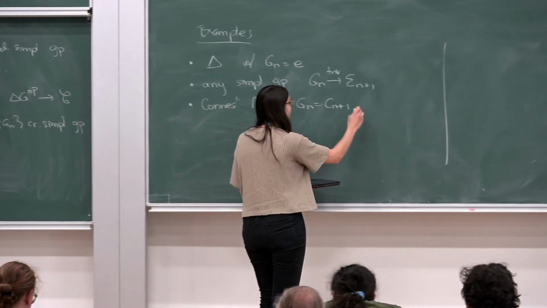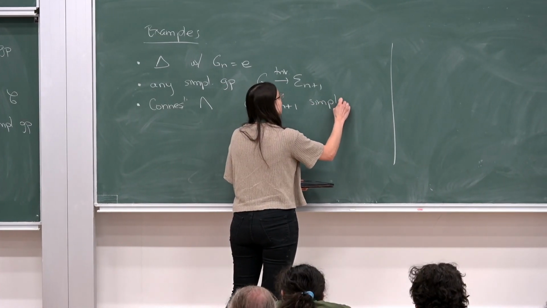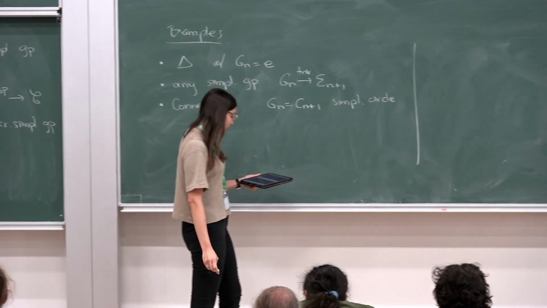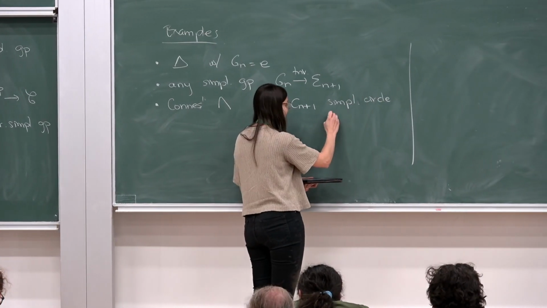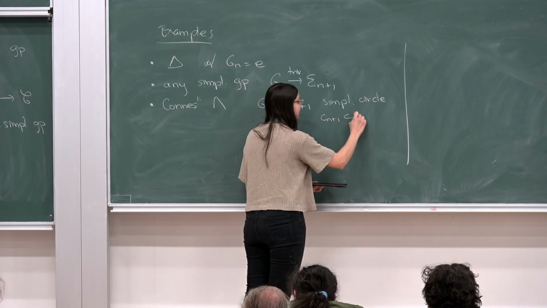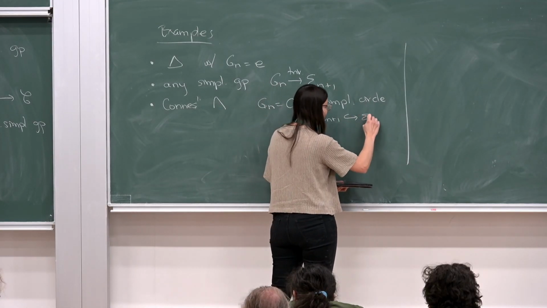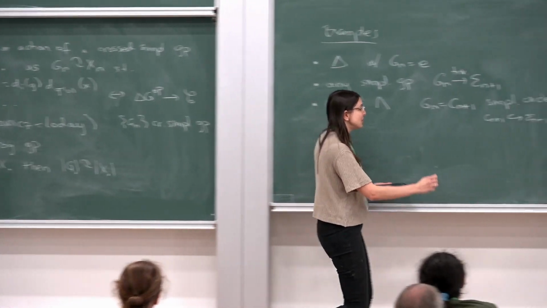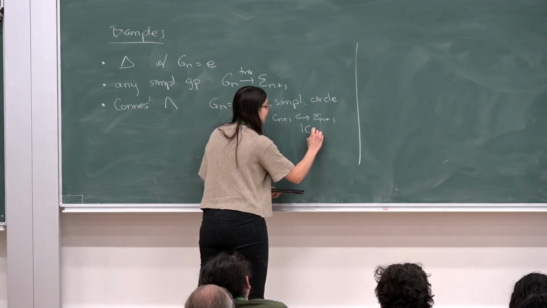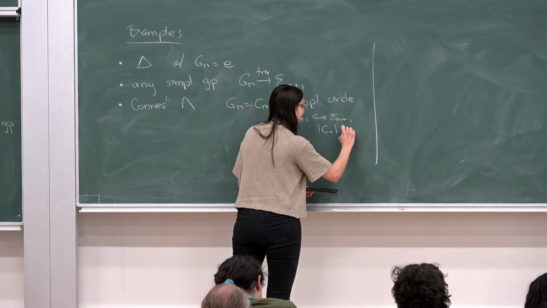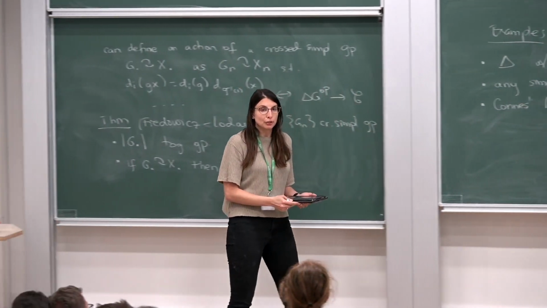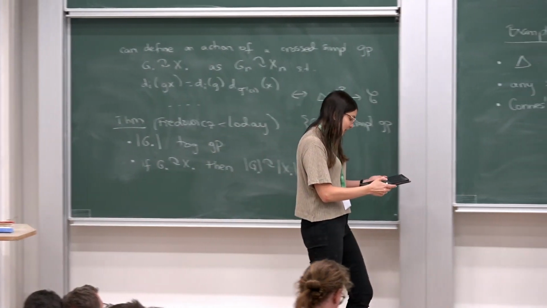So this is the simplicial circle. We have these inclusion maps into Sigma_{n+1}, and those are the maps. And we already know the realization of this is S^1. So that's the topological group that we get in that case.